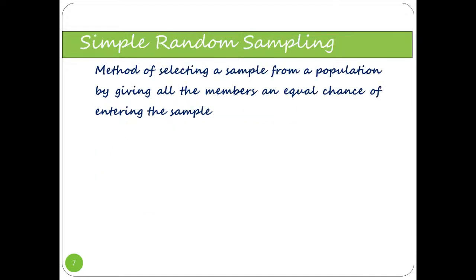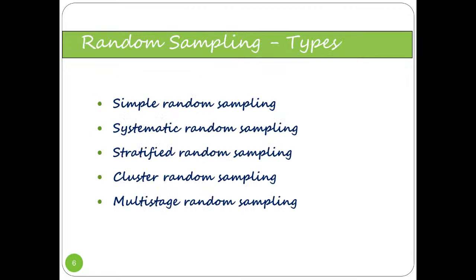Simple random sampling is a very basic type of sampling method that we usually start with. Simple random sampling is the start, but when you go ahead to systematic, stratified, cluster, or multi-stage, these will be combinations of, or will include, the sampling methods which you learn earlier.